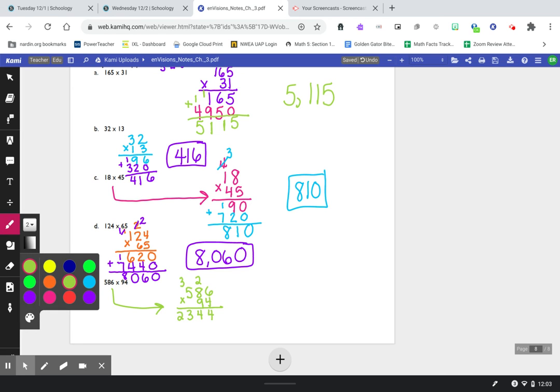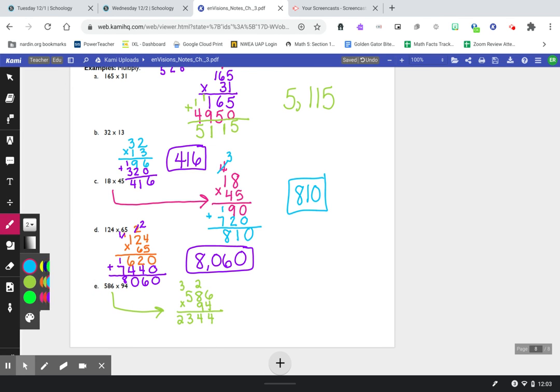Now we move on to the number in the tens place. 9 times 6 is 54. Don't forget to place your 0. 9 times 8 is 72. Plus 5 is 77. Carry a 7. 9 times 5 is 45, plus 7, 52.